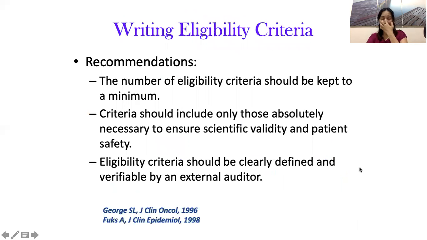So how do we write a well-written eligibility criteria? The number of eligibility criteria should be kept to a minimum, because if your eligibility criteria is very, very specific, you might not be able to enroll enough subjects.